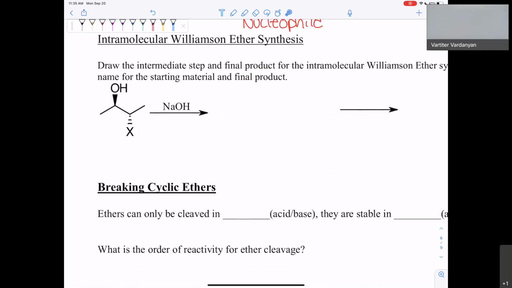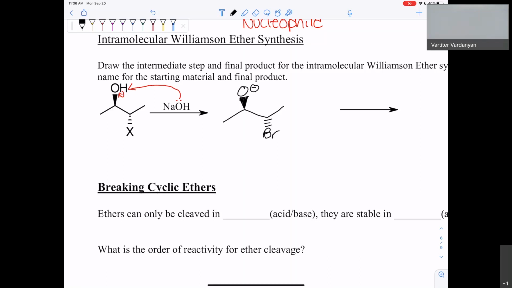Okay. So now we're doing the same thing, but with a smaller number of carbons. So you guys already know what to do. What's the first step? Deprotonate. Sweet. Let's say this X is a bromine.